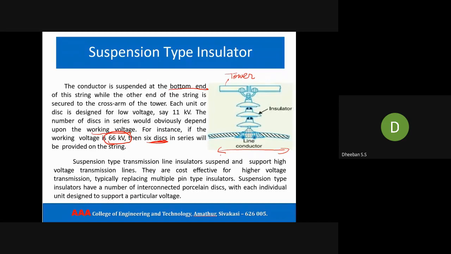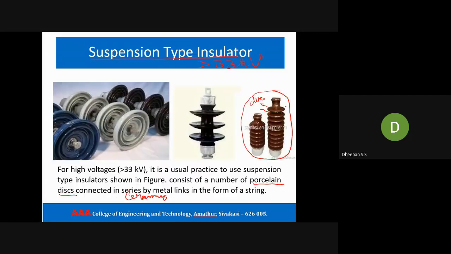If you are working at 11 kV, you need one disk. This is the main formula behind the suspension type insulator. Based upon the number of discs itself, you can specify the voltage.